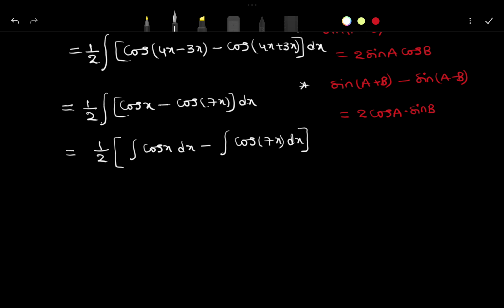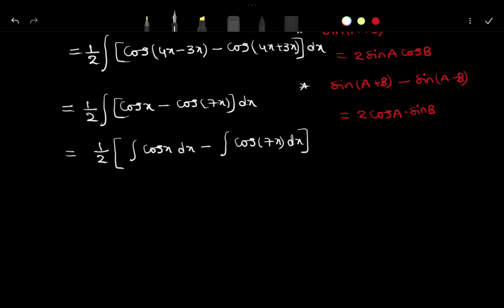And what is the integration of cos ax? It is sin ax by a. Using that formula, this value will be half into sin x minus sin 7x divided by 7, plus c.